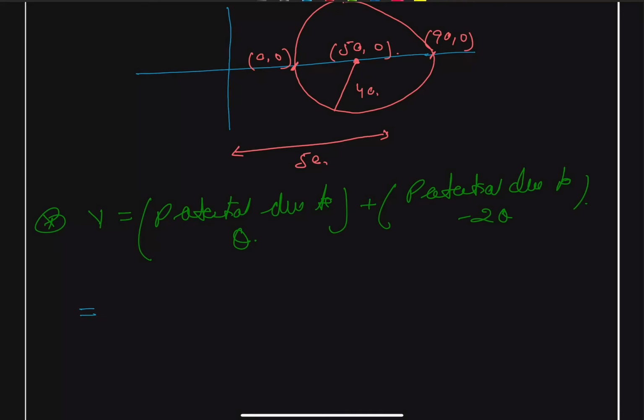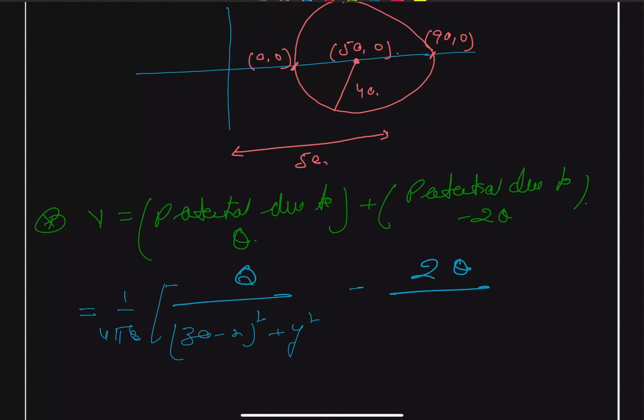Because we are only talking about a general point, we can say this is 1 upon 4 pi epsilon naught, and we get this as q upon (3a minus x) whole square plus y square, and 1 upon 4 pi epsilon naught we can take as common, and this will be minus 2q divided by (3a plus x) whole square plus y square.